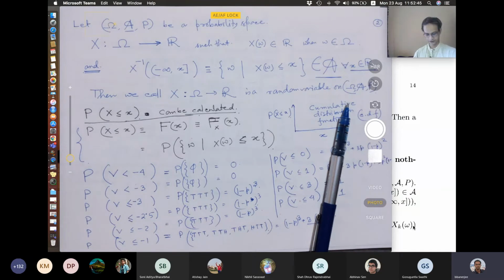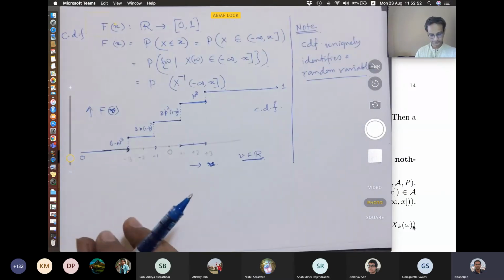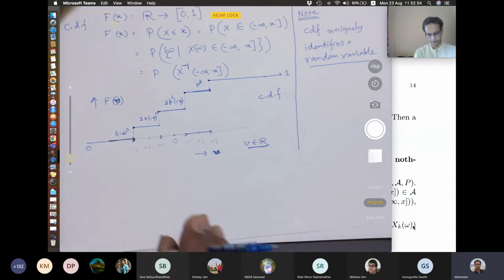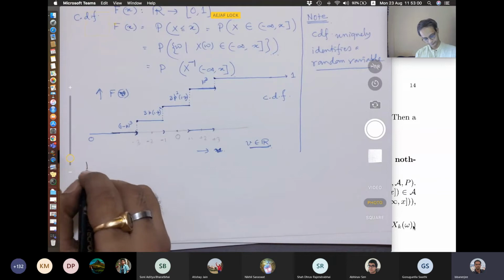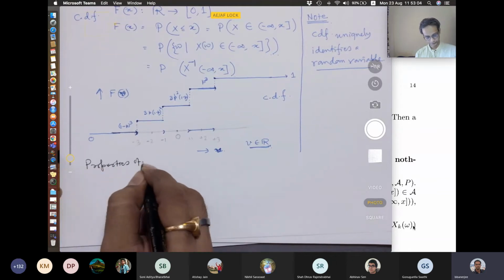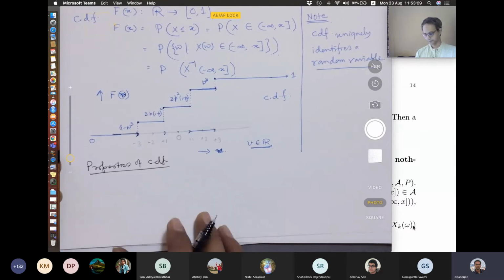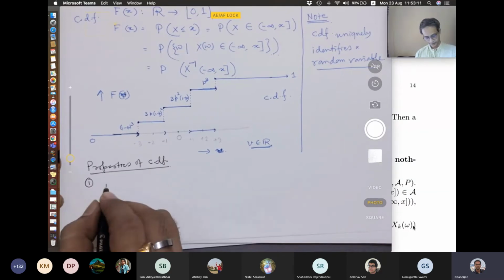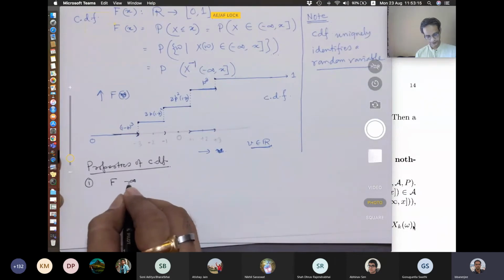Okay, so just to conclude from here, let me write down the properties of the CDFs, which are very important. The properties of CDF. First one is F of minus infinity.